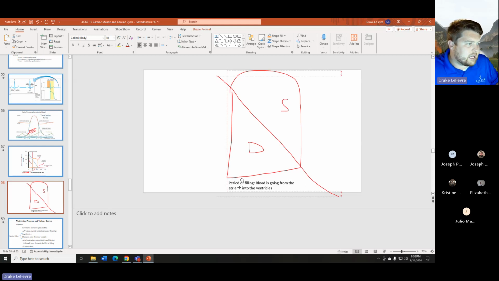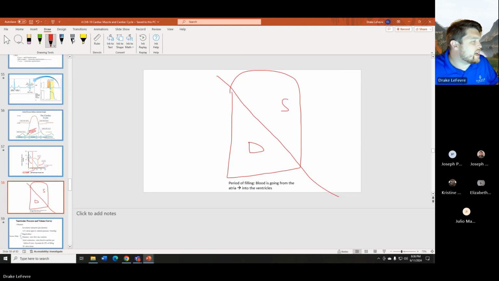It's going to do this in two different ways. Okay. 75% of our ventricular filling, this whole chunk, is passive. So we call it passive filling.